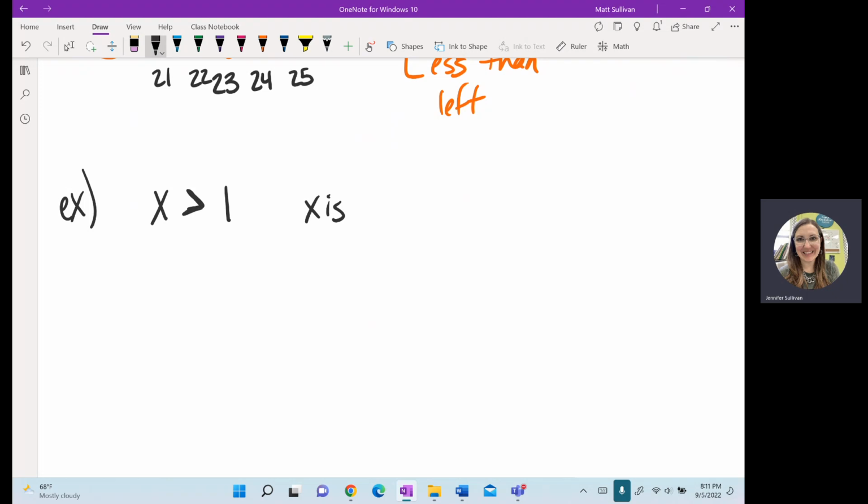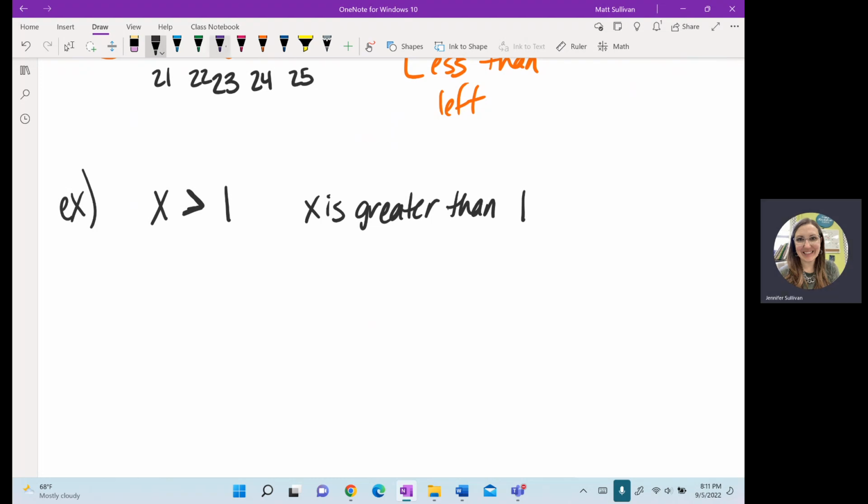Look at the symbol, find the mouth. The mouth is going to point to the one that's bigger. So x is the bigger one. So x is greater than. There's no dash underneath to be the equal to. So it doesn't have the equal to. x is greater than 1.